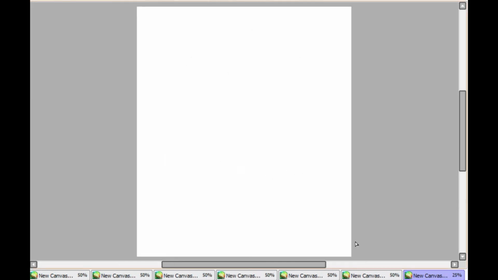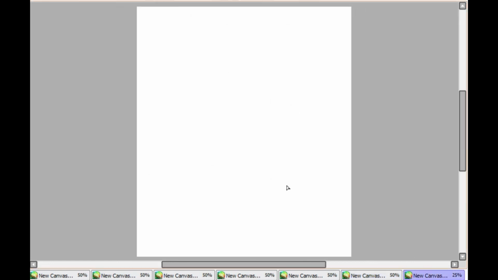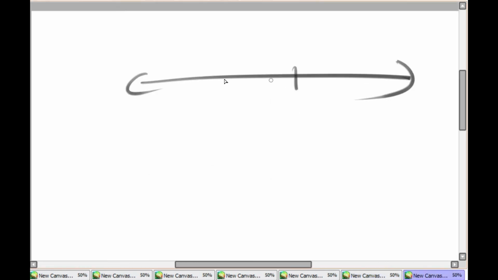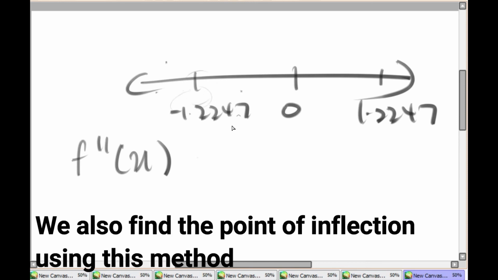So just like in the previous section, we're going to put all these values in the number line. Okay, so to find the concavity, we'll need to sub the second derivative with values that are more or less than our critical points here.